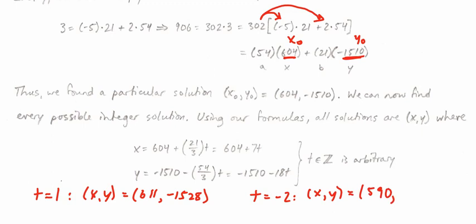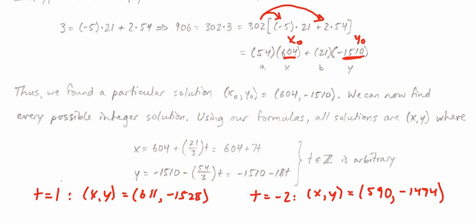And then we would have negative 1,510 plus 36, which is negative 1,474. So that's just how you would come up with more integer solutions to this particular linear Diophantine equation. Take any t value, plug it in, you come up with another solution.